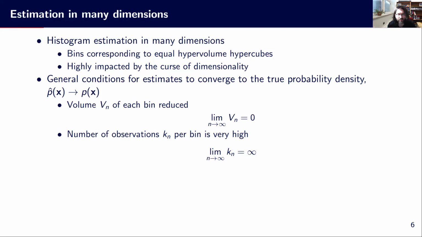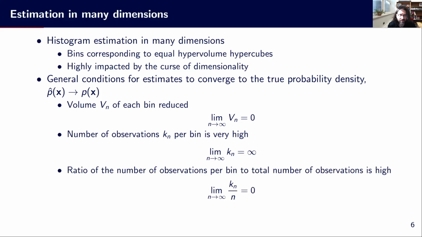So even though the bins are really small, we should have many samples in every bin. At the limit, we should get an infinite number of samples per bin to be able to get a good estimate. And the ratio of the number of observations per bin to the total number of observations should tend to zero, so we should get fewer samples in each bin than the overall number of samples in our data set. These are limit conditions, but they are the general conditions under which we can consider that the estimation will tend to be equal to the real density.